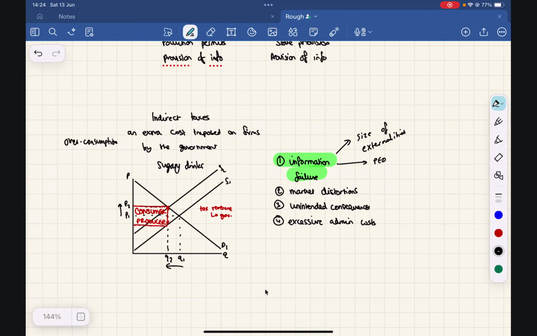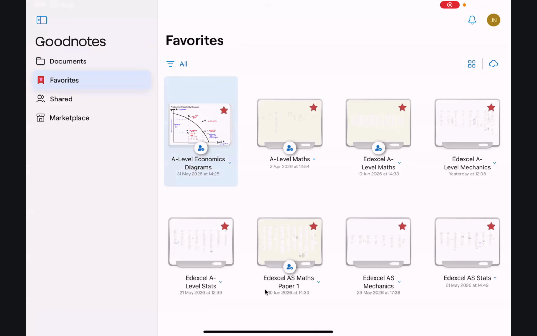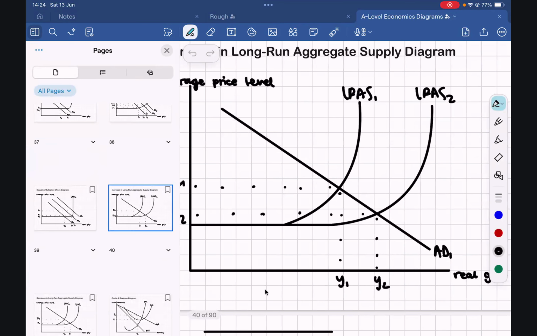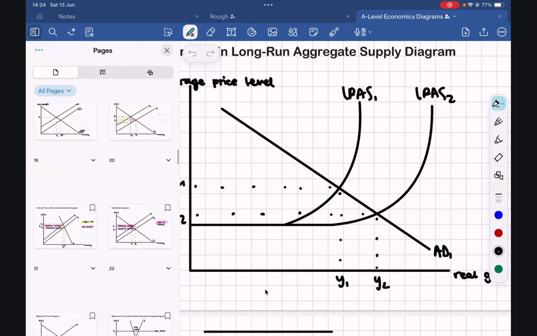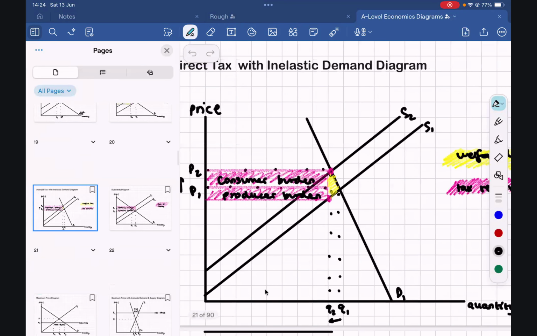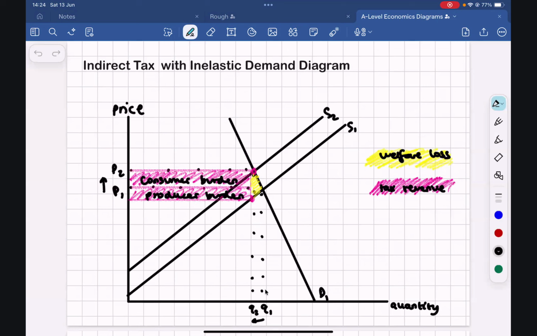So really quickly, I'd recommend that you draw it yourself and find out exactly how it works. But here you've got an indirect tax if demand is inelastic. With the sugar tax, it worked really well because there's a substitute for sugar. However, for so many years, the government were taxing cigarettes. They've recently banned them for those born in 2009 onwards.